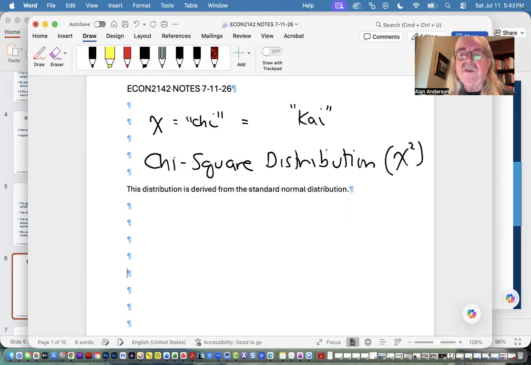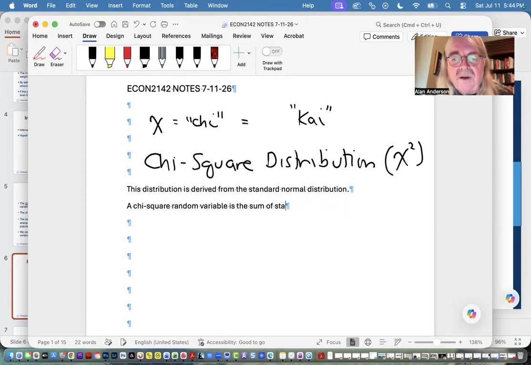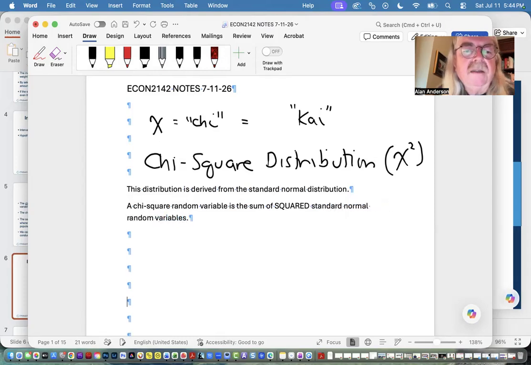Okay. And specifically, what's happening here is that a chi-square random variable is the sum of squared standard normal random variables. Sorry, the sum of squared, that's the key detail. So in other words, if you can imagine the setup looks like this.